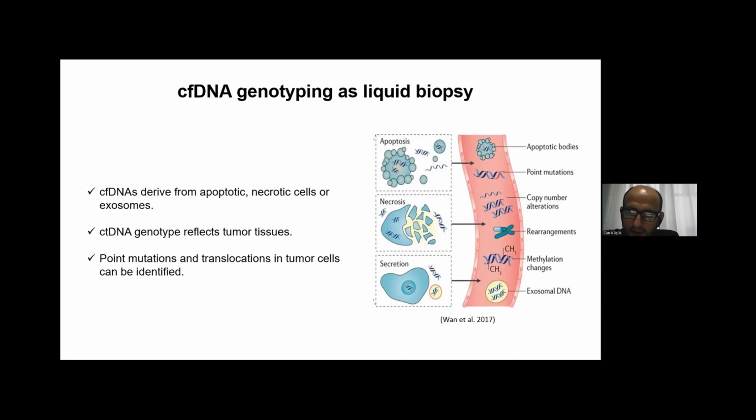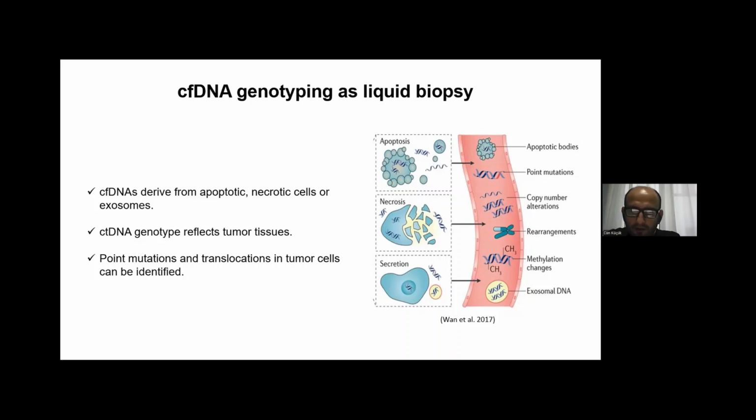These are generally 150 base pair length fragments of DNA. They can derive from apoptotic cells, necrotic cells, or through secretion as exosomal DNAs. And point mutations, translocations, or other genetic or epigenetic aberrations can be found in this circulating cell-free DNA.